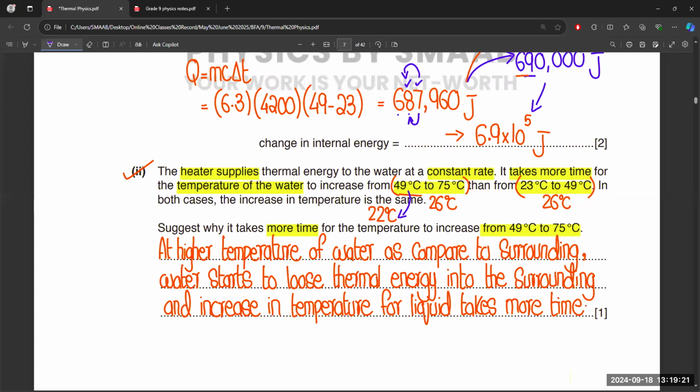And your surrounding is unlimited, like there are unlimited molecules in your surrounding. So definitely water takes more time to gain thermal energy to increase its temperature to the specific value of 75, because it is continuously losing it simultaneously. Okay, so this is the idea.